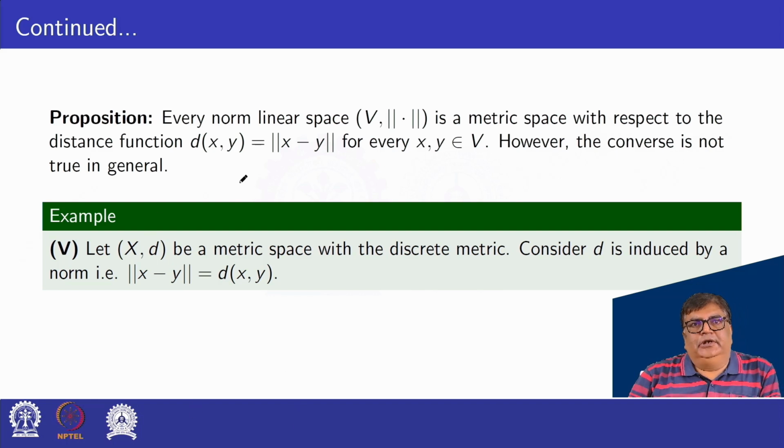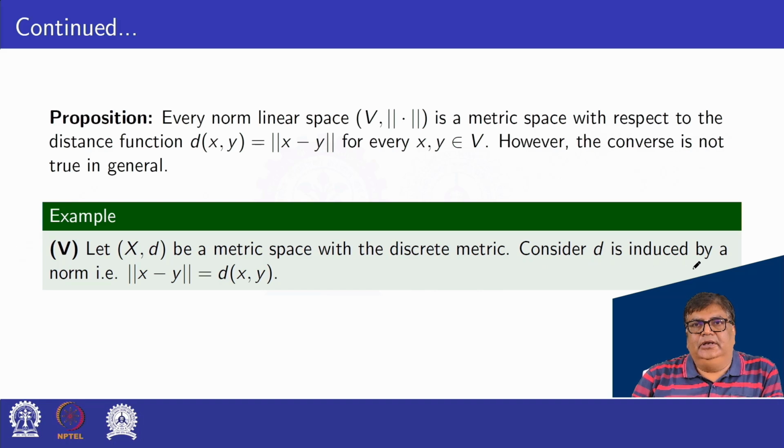Next proposition: every normed linear space, the ordered pair (V, norm), is a metric space with respect to the distance function d(x, y) equal to norm x minus y for every x, y belonging to V. However, the converse is not true in general. For example, let X be a metric space with the discrete metric.